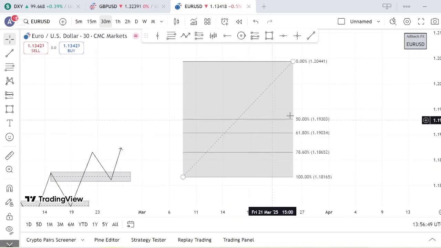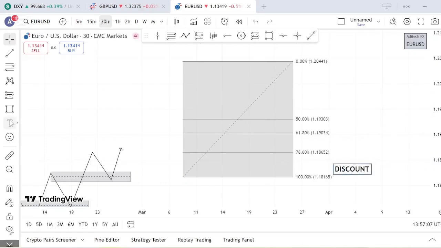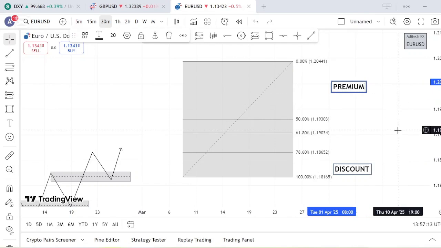All the zones above this 50% are called premium, right? So we have what is called discount and premium. This one is called discount, and this one is called what? Premium zone.